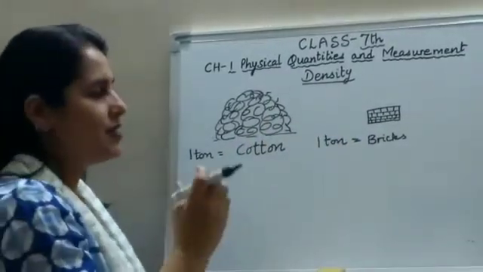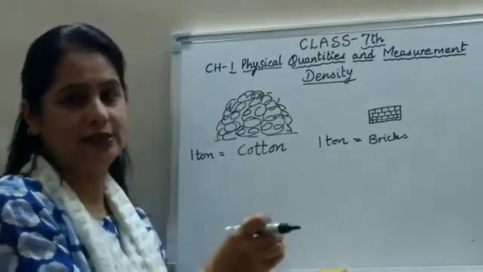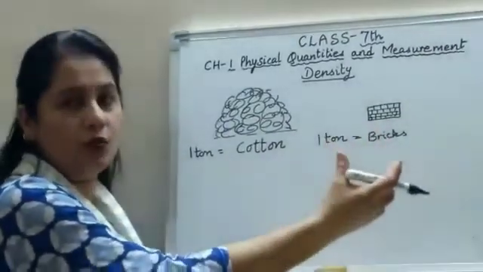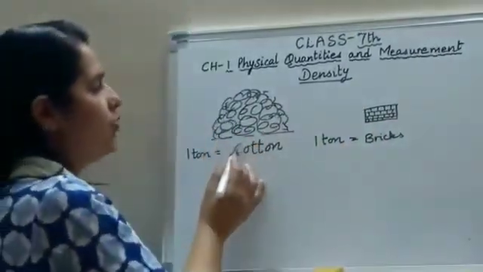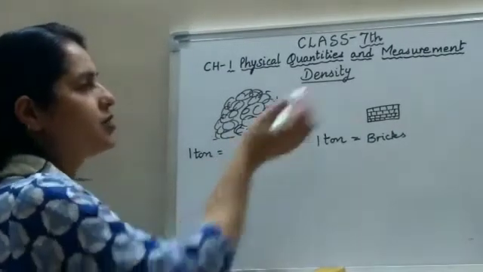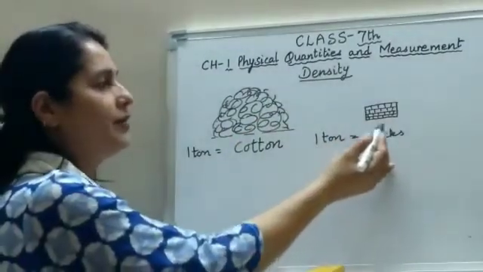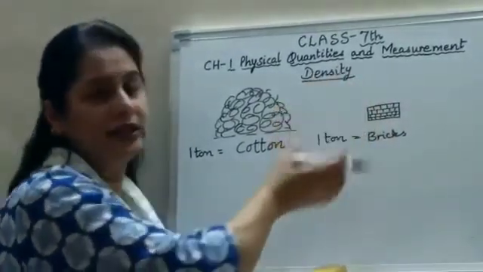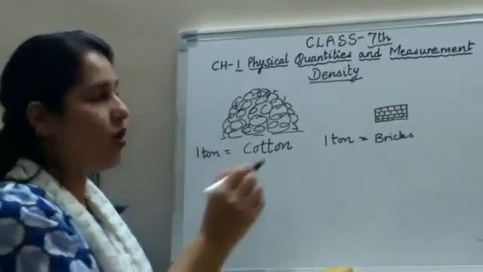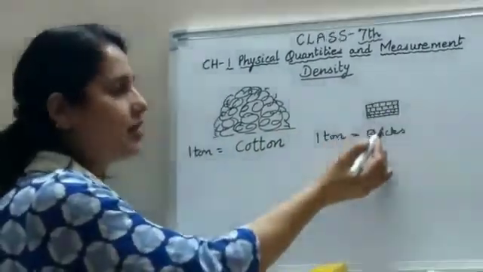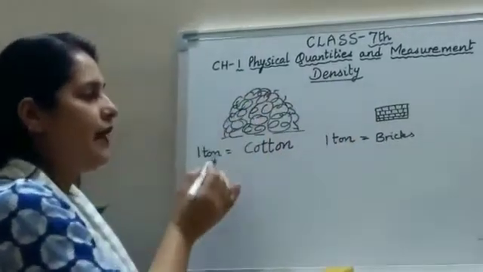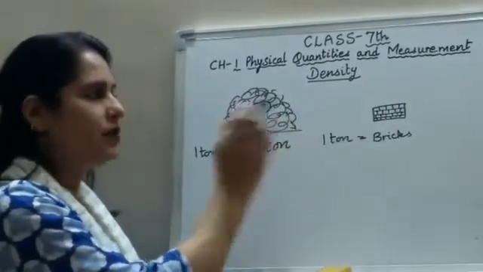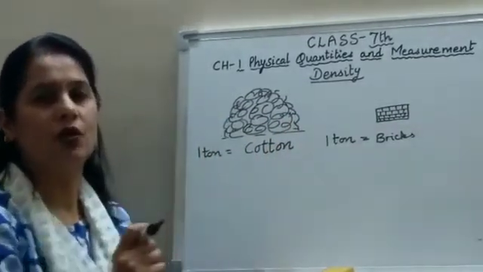So there must be some other quantity which decides which is heavier or which weighs more. Obviously the volume occupied by cotton is more than the volume occupied by the bricks. That means the density, this physical quantity is called density. The density of bricks is more than the density of cotton. So the bricks are considered to be heavier as compared to the cotton.